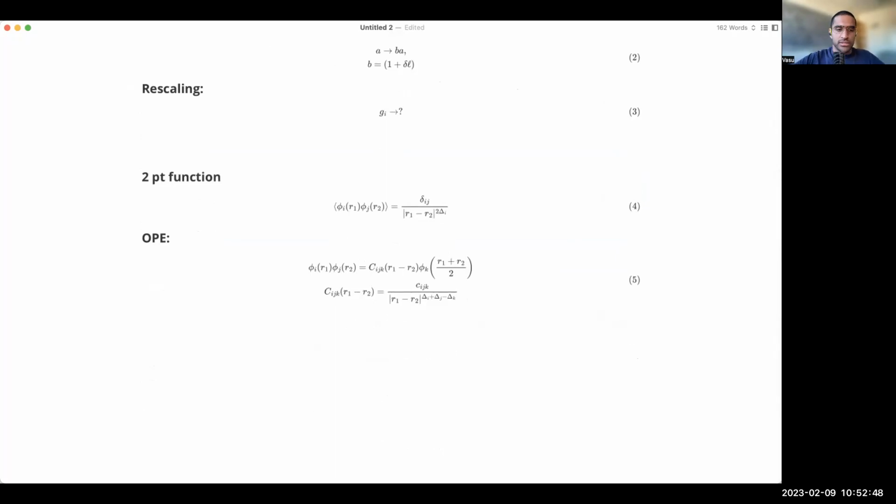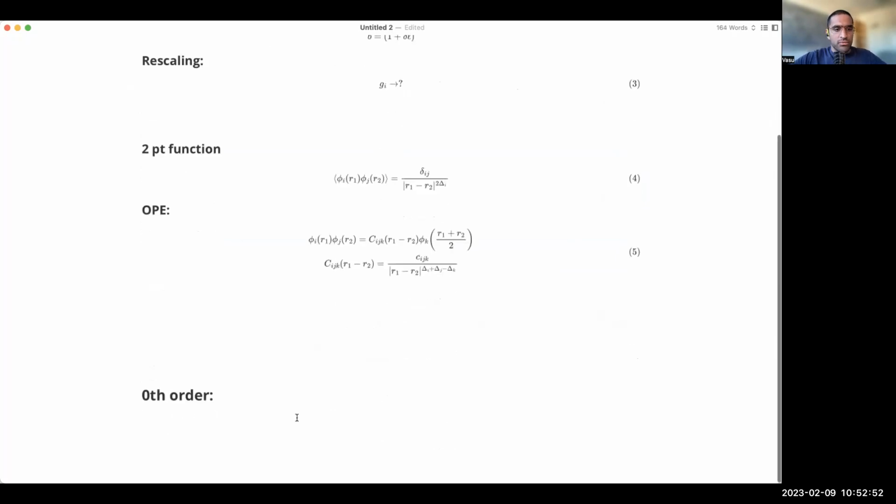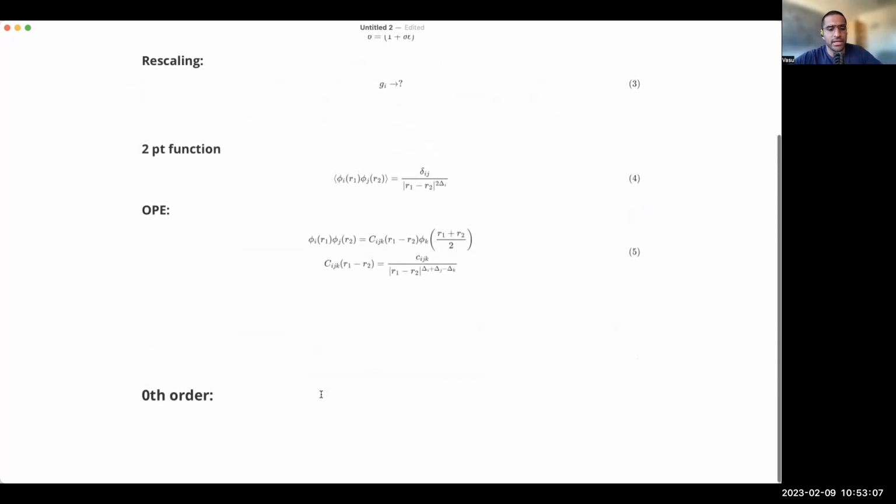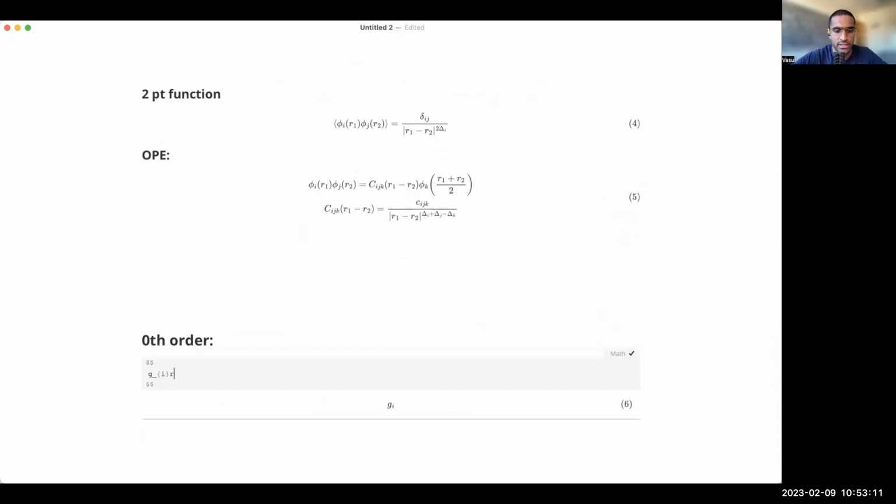The zeroth order is the dependence that the partition function terms have on the cutoff, so the explicit dependence is through these denominators. So very clearly, there's the following effect that needs to be taken into account.